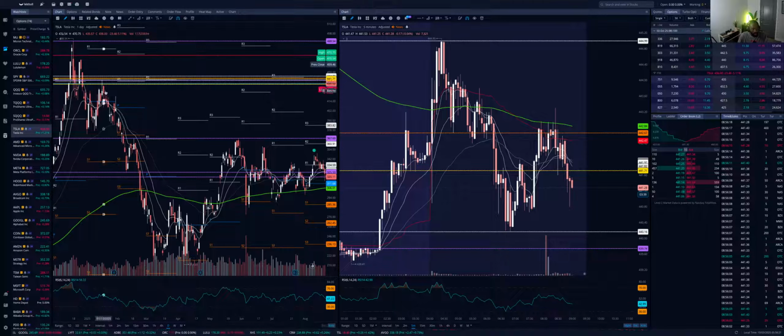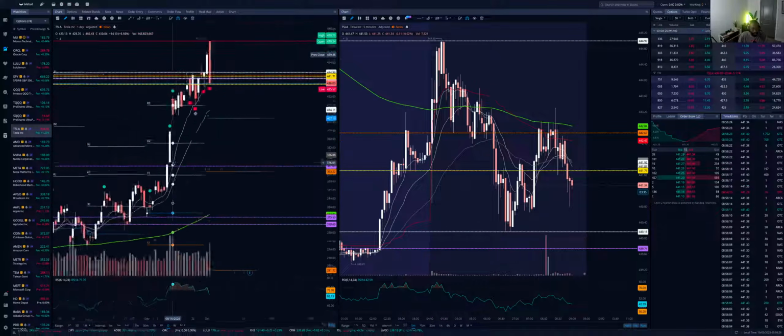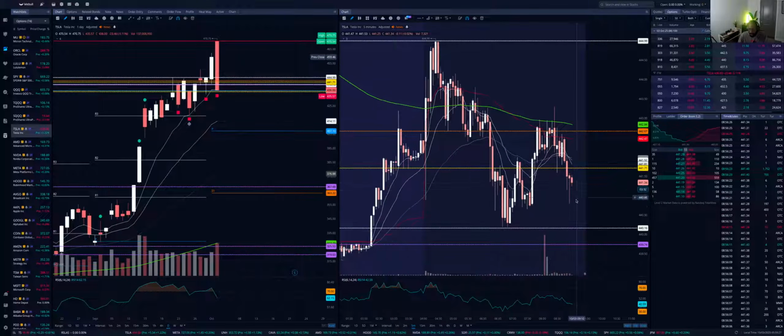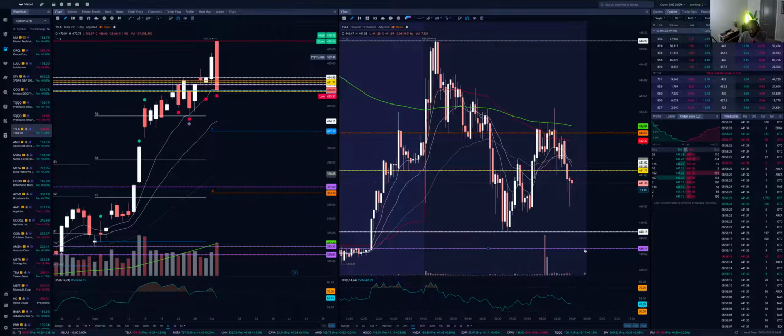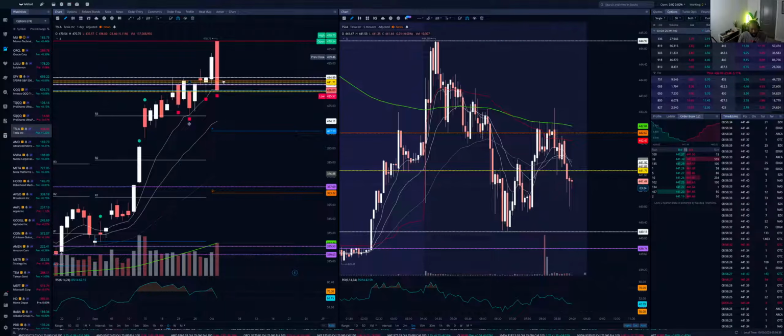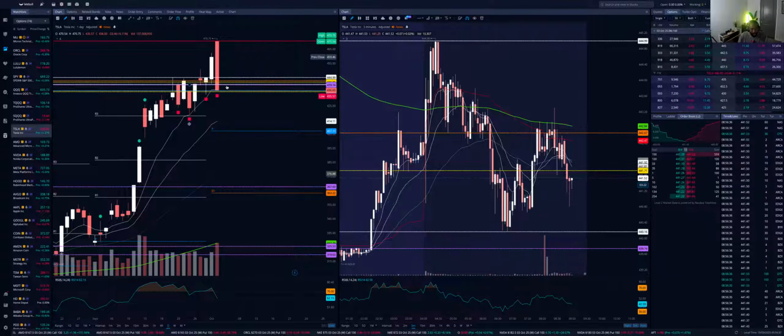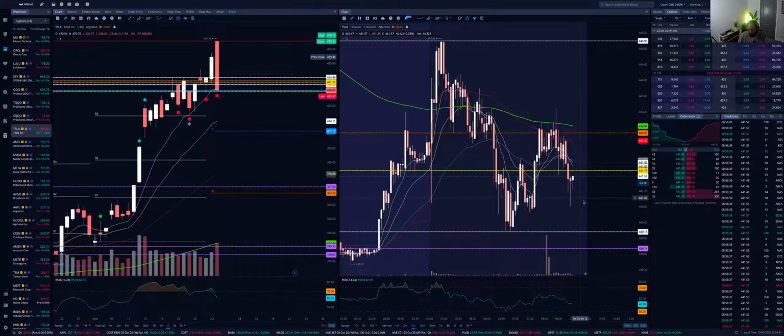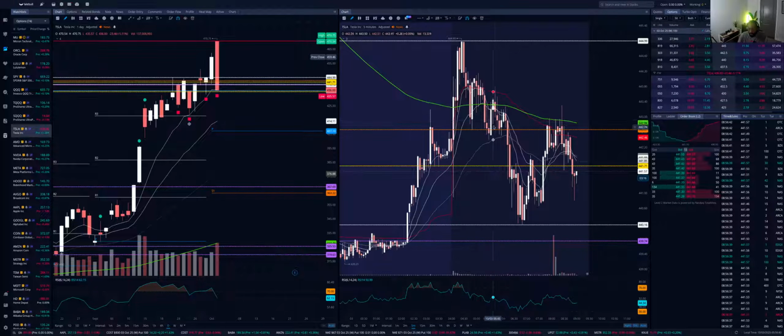We got here, and once we got here and fell, we never looked back for quite some time. So Tesla is still trading above this key level right here. So that's something to indicate that we could get some buyers to come up and still have Tesla trade between 439 and basically 450. Right?